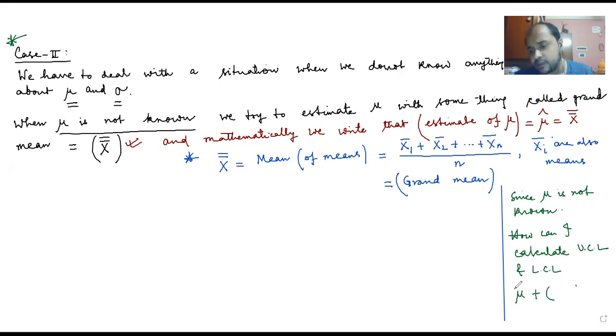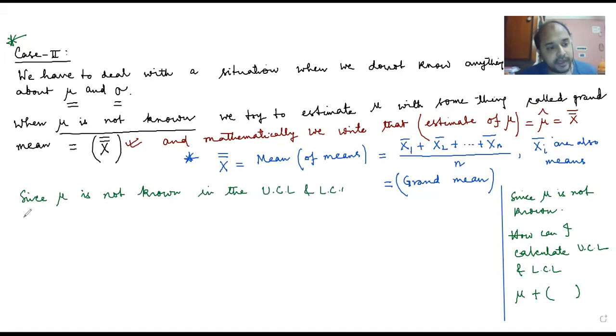Since mu is not known, in the formula of LCL or UCL, we replace mu by mu cap, or x bar bar.